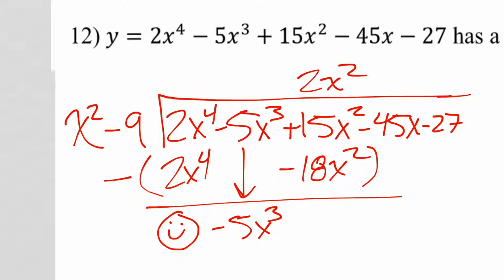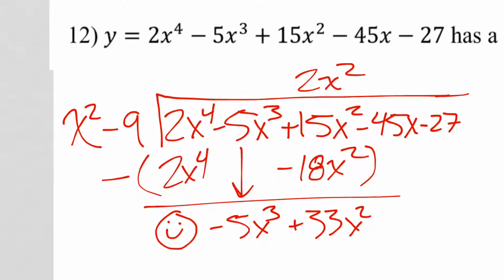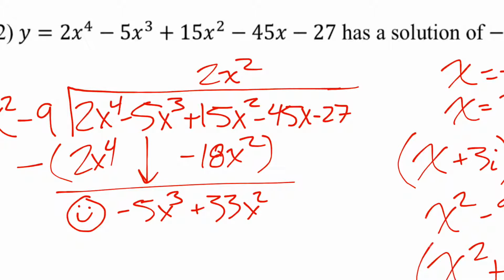And then we say 15x squared minus negative 18x squared is actually 15x squared plus 18x squared. And then we cry because 15 plus 18 is hard to do in our head. But then we remember that 15 plus 15 is 30 plus 3 is 33x squared, and then we wipe the tears away and we bring down the minus 45x.